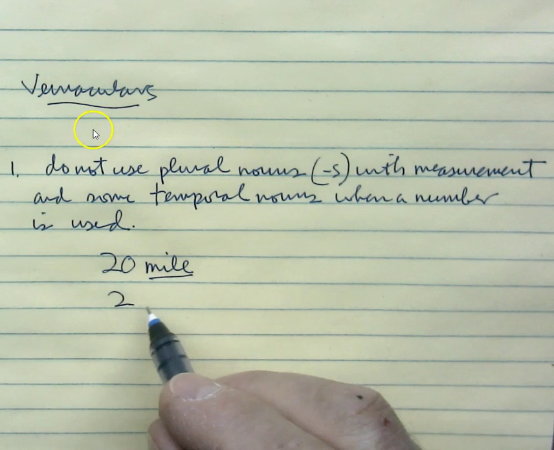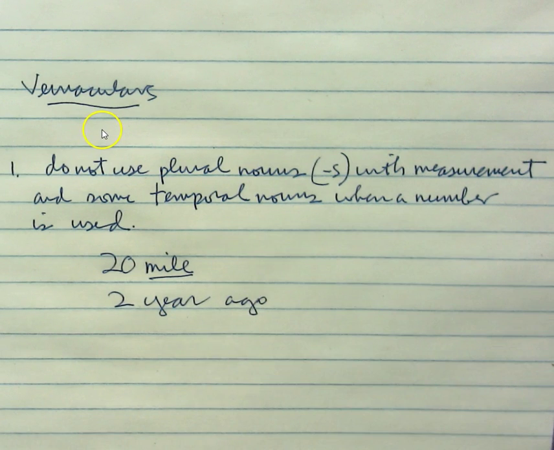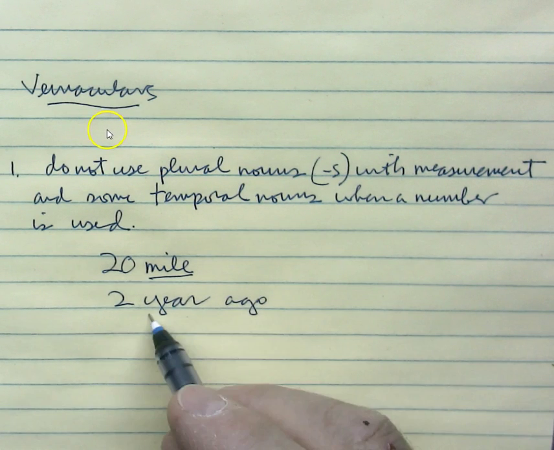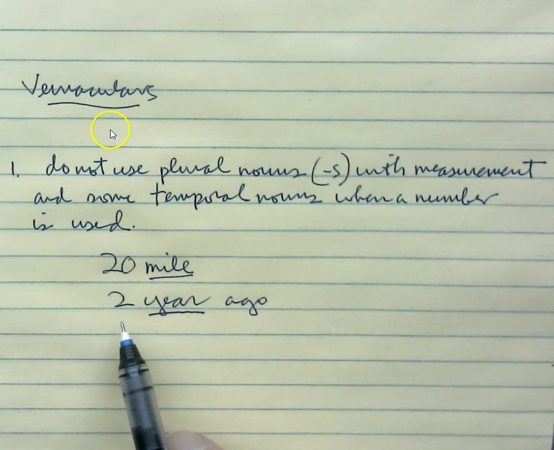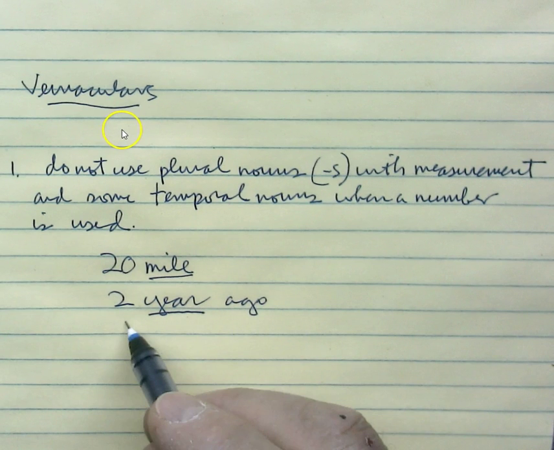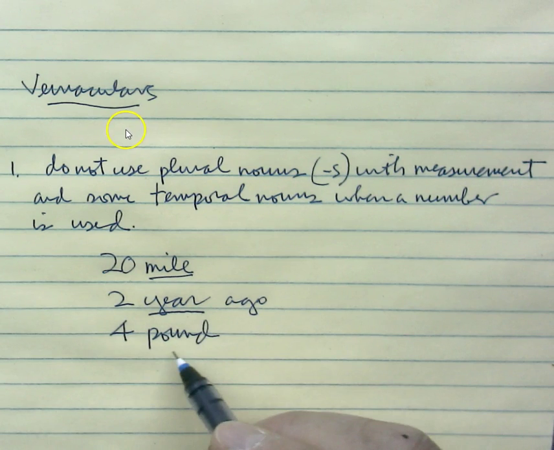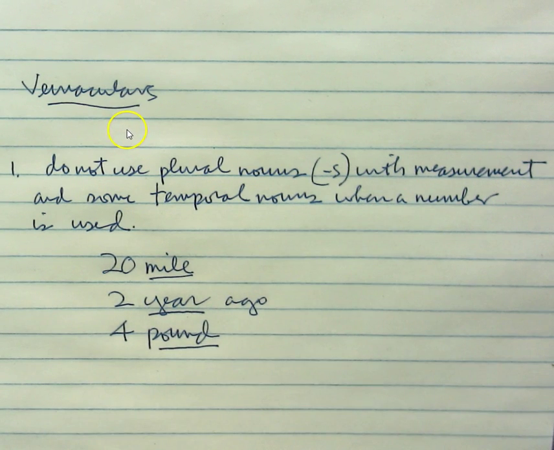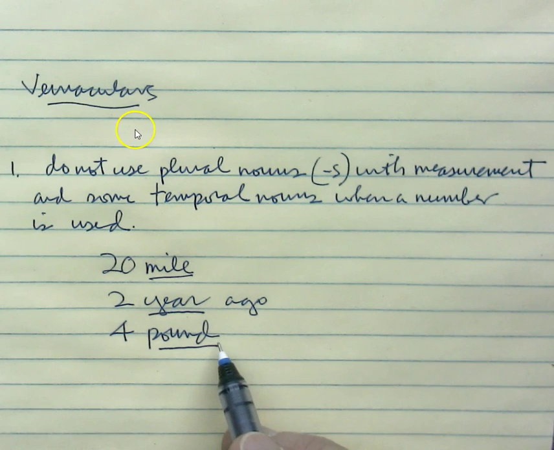Or 2 year ago. Same thing. Year is a temporal term, but because there's a number with it, there's no plural form. Or weights. For example, I'll take 4 pound of bananas. 4 in front of pound, which is a measurement term, there's no s.